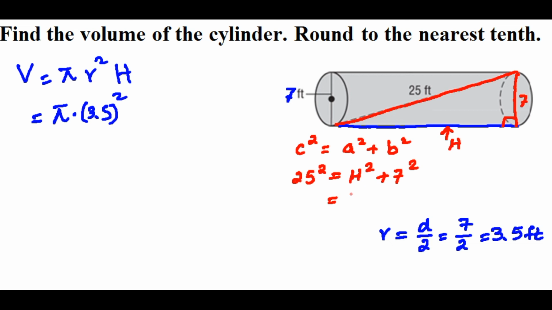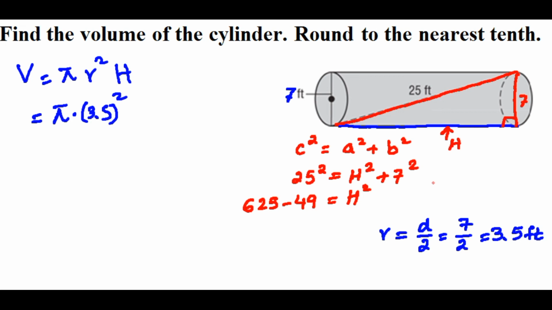Solving for h, we get h squared equals 25 squared is 625 minus 49.